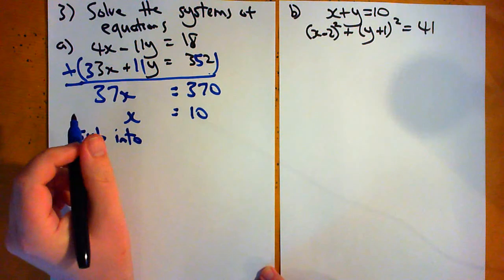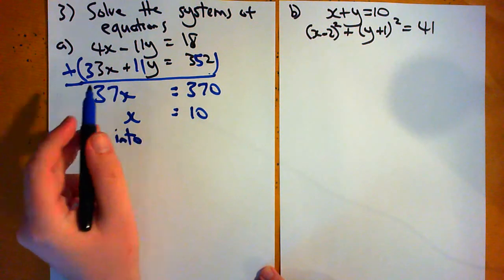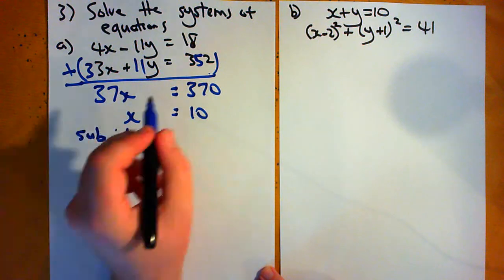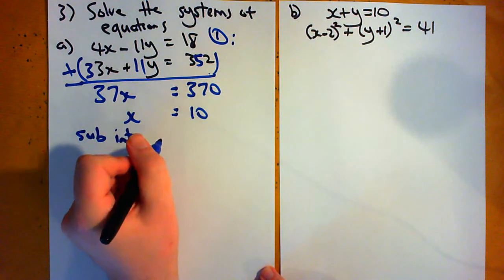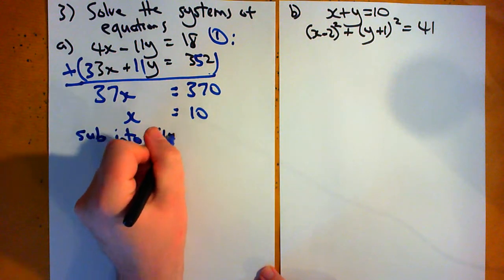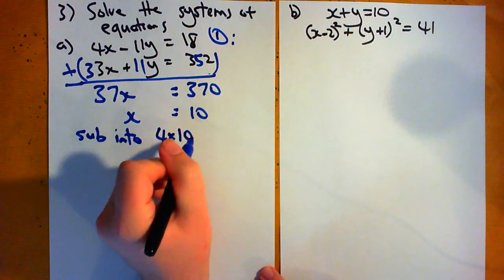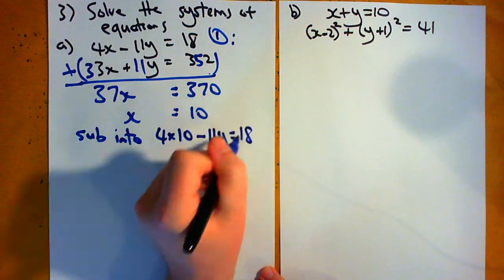Now let's substitute that into the other equation. So into one of the original equations. Let's choose the first equation. So we'll substitute into 4x minus 11y equals 18. So 4x is 4 times 10 because x is 10, minus 11y equals 18.